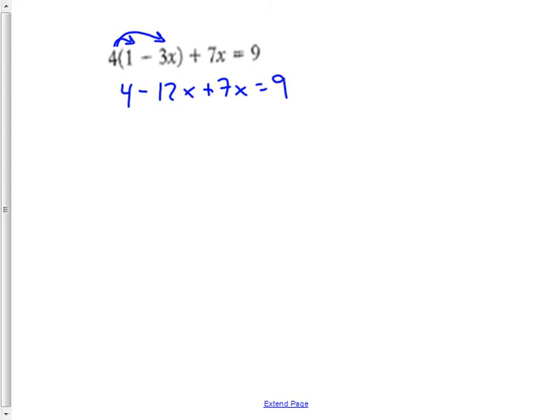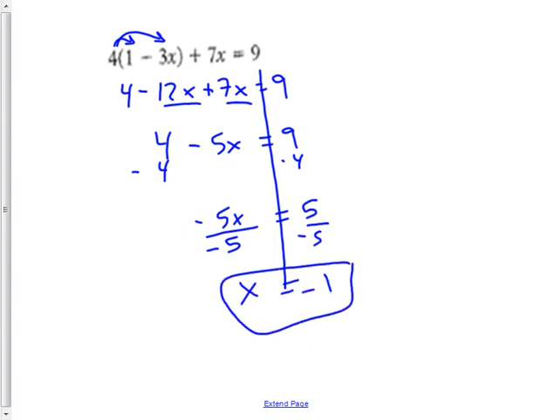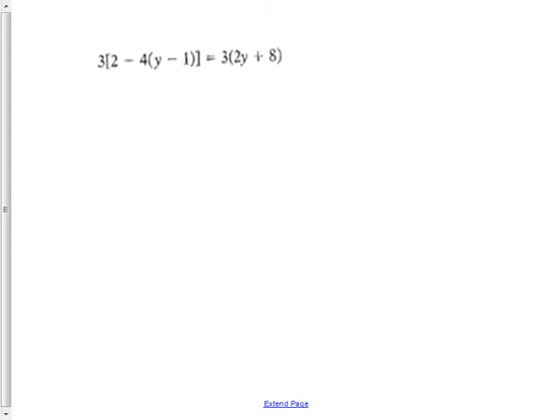So I've got, again, like terms here. So I've got 4 and then negative 12 plus 7 is negative 5x equals 9. If you want to draw the river in, I'm going to start moving the 4. Negative 5x is equal to 5 divided by negative 5, and x is equal to negative 1.